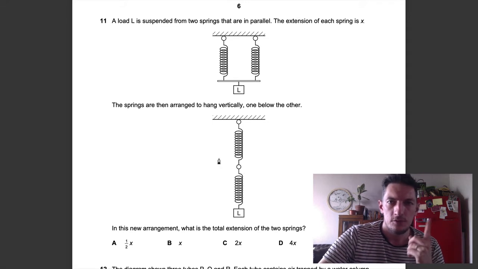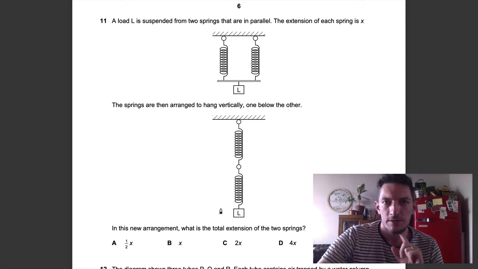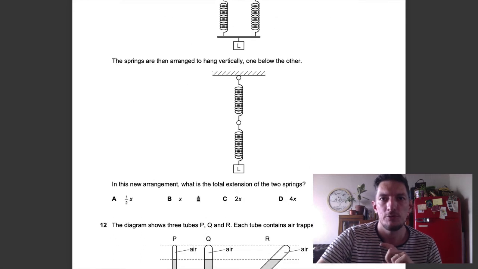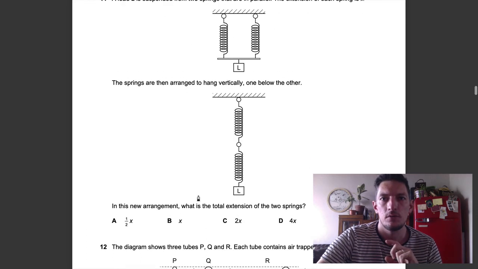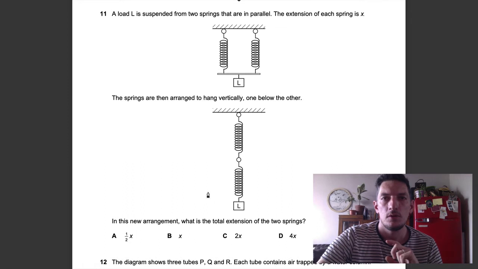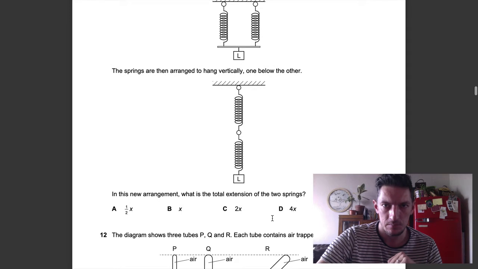So in comparison to a single spring, this one is twice as easy and this one is twice as hard. So in comparison to each other, this one is now 4 times as easy to extend. So it's 4x.